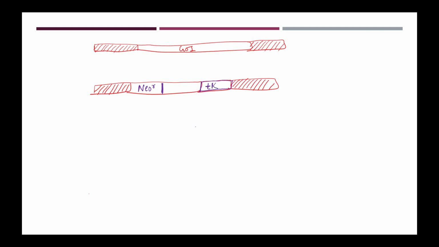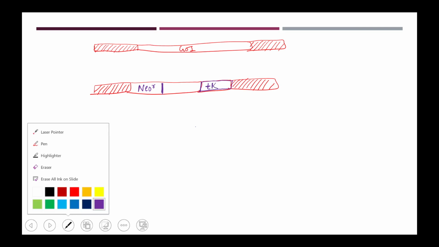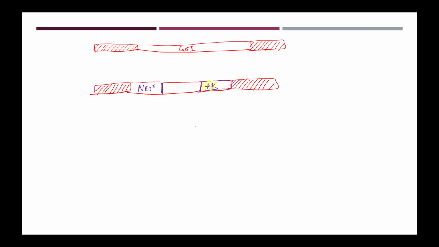Suppose this one. This is thymidine kinase. So this is a positive selectable marker. This is a negative selectable marker.